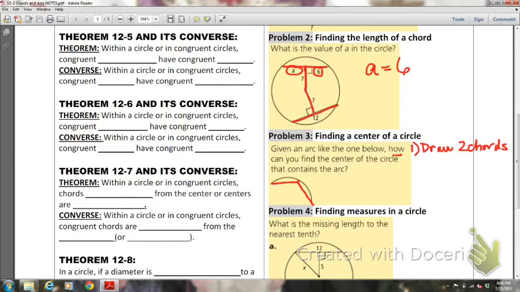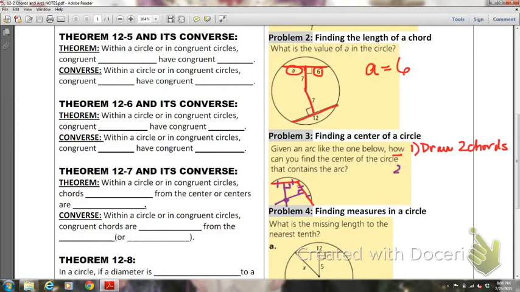So let me see if I constructed a perpendicular bisector to one of those arcs, and then constructed a perpendicular bisector to the other of those arcs, the point where they intersect is going to be the center of the circle.